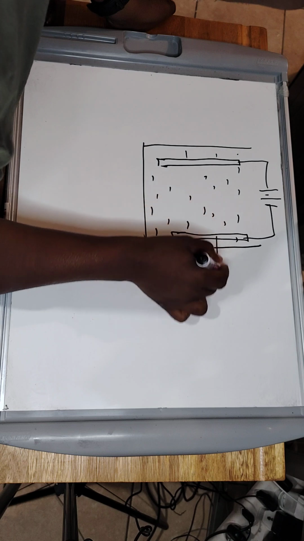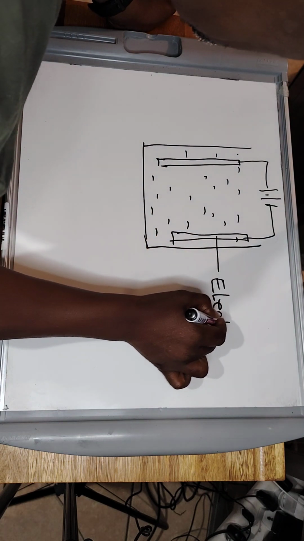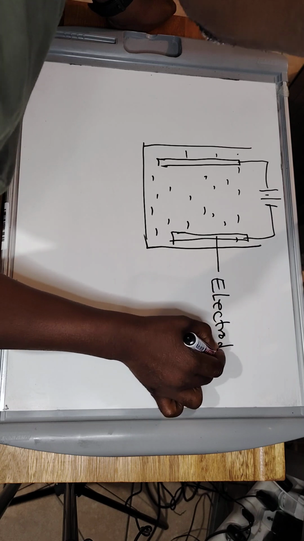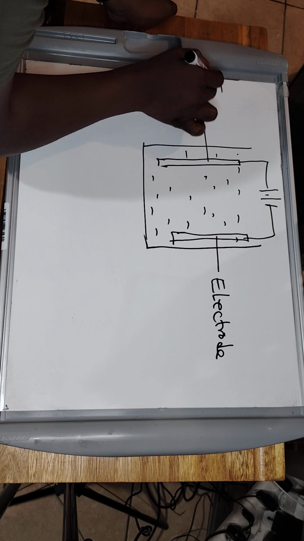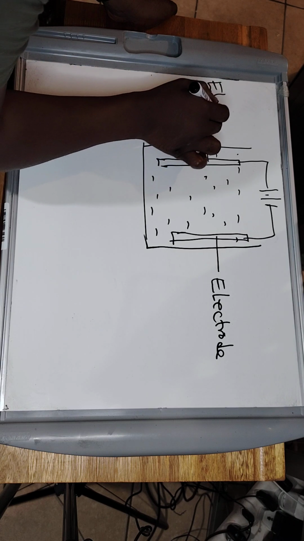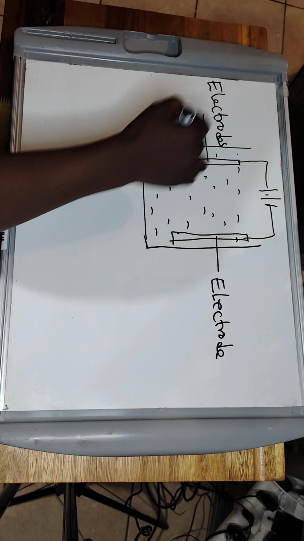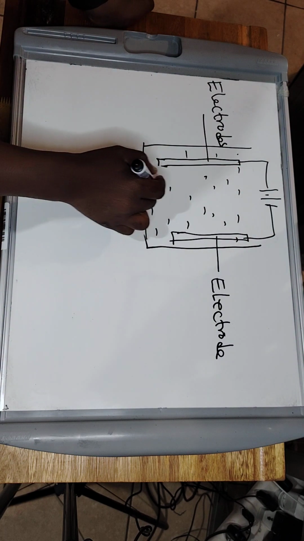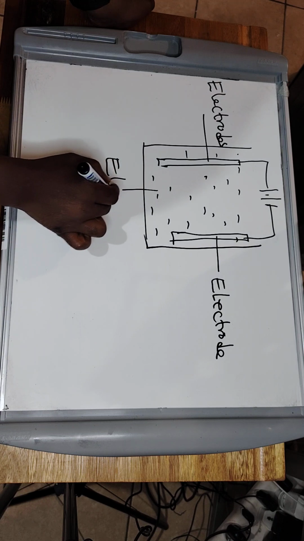This is an electrode. The same applies to this one. So we have two electrodes. What you see here as the liquid or solution is the electrolyte.